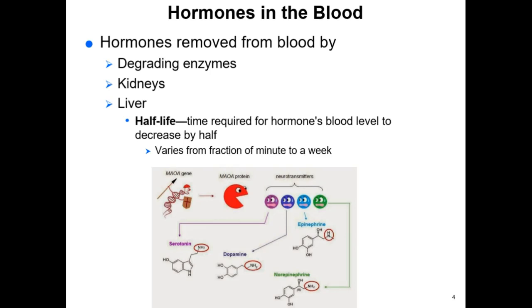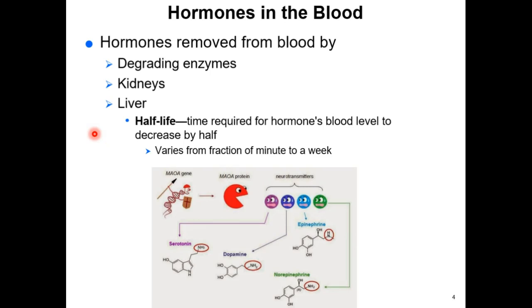Hormones in the blood, remember, are circulating. They will be prone to being filtered by organs of filtration. Your kidneys are going to pee out a certain amount of drugs. Your liver is going to break down certain drugs. And you also have circulating enzymes that will break down substances. That's important, right?